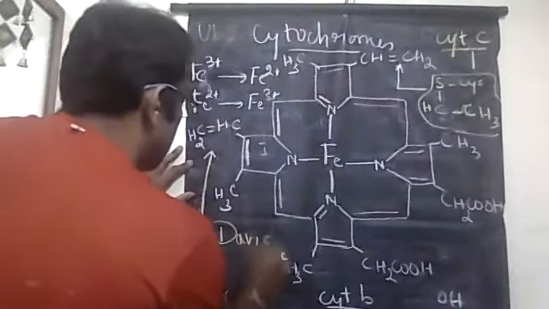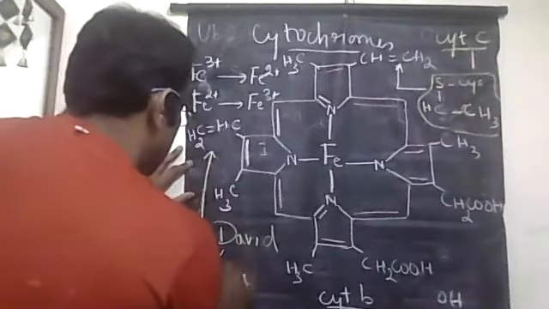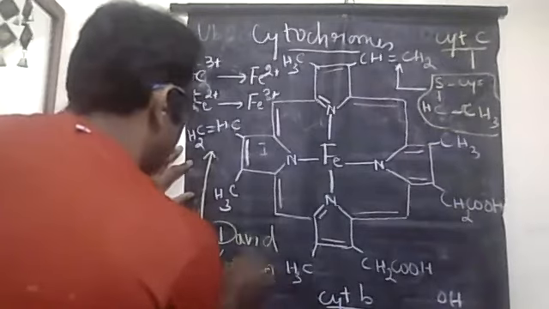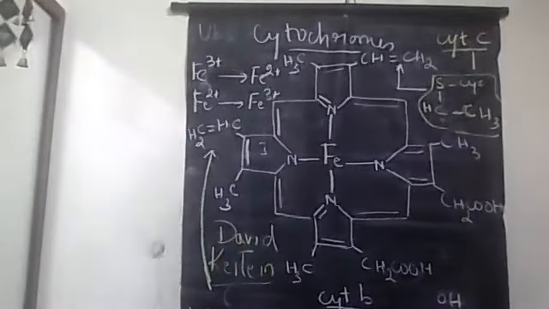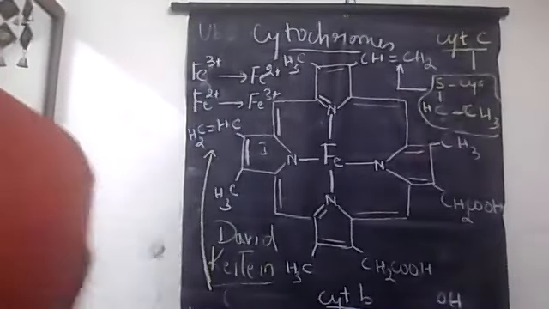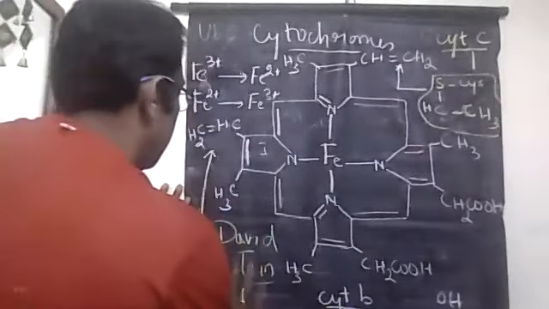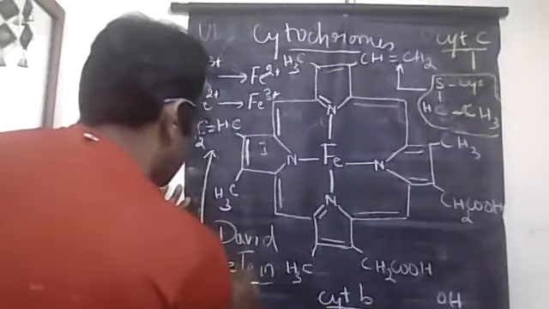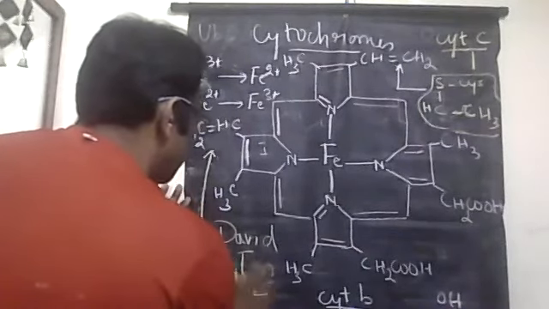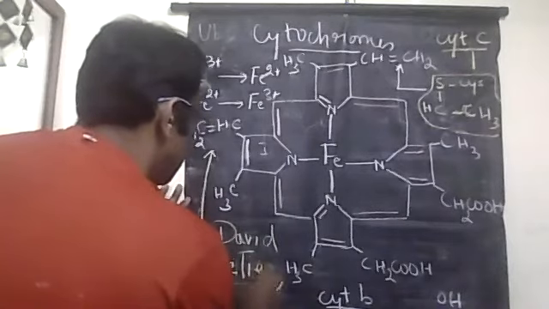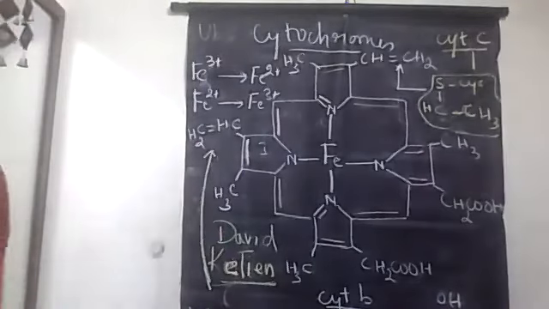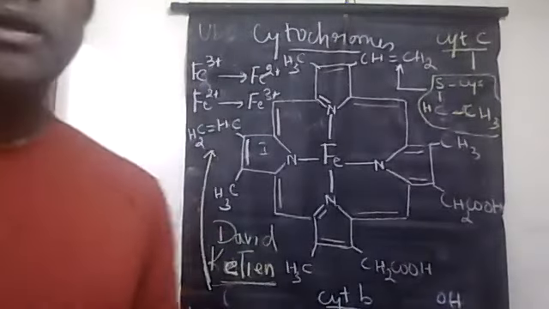David Keilin was the first person to work on cytochromes.